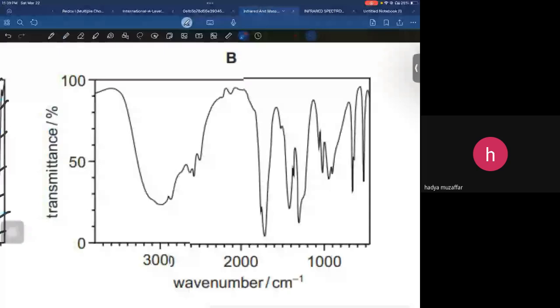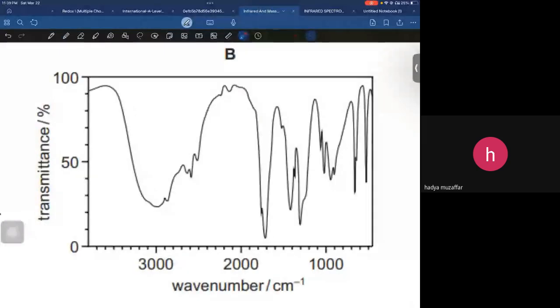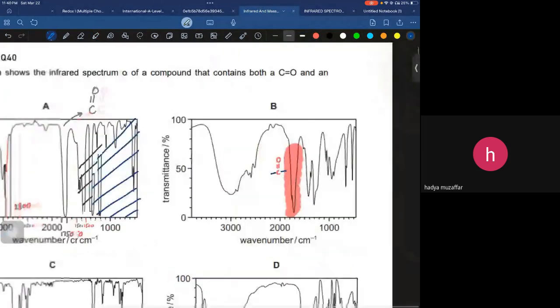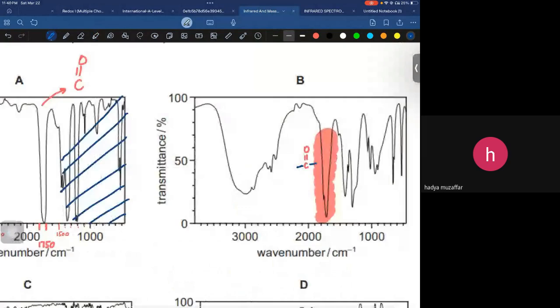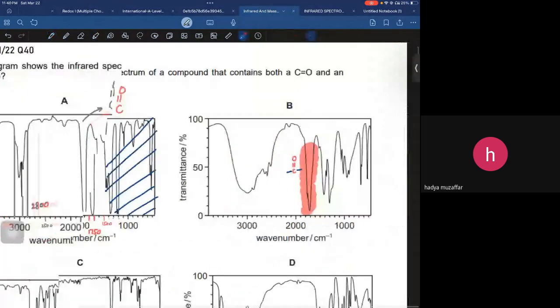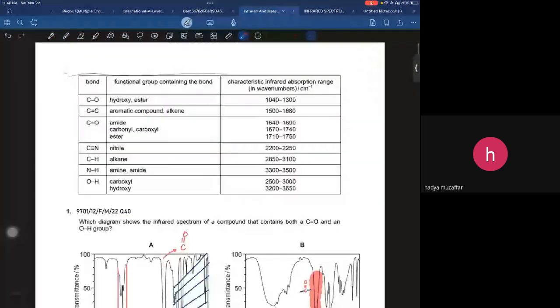Let me check B. Of course, this is 11, 12, 13, 14, 15, 16, 17. Again, I can say that this peak is due to carbonyl. You can see a broad peak at approximately 3000.